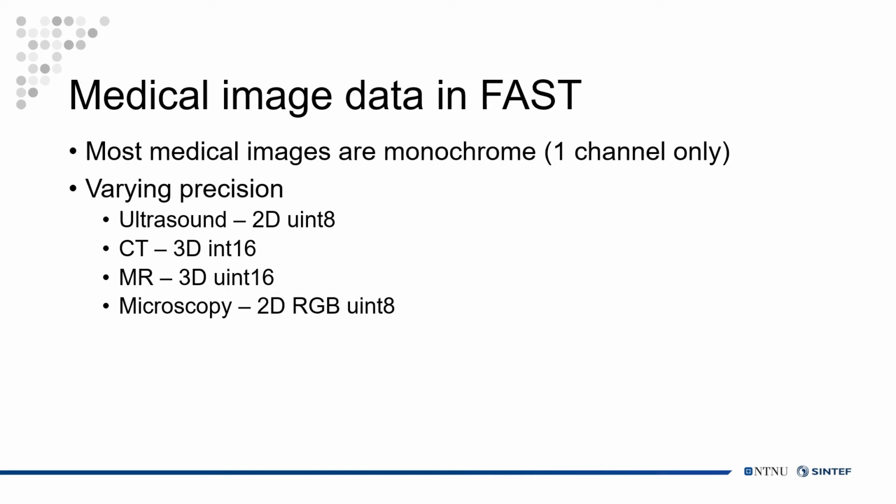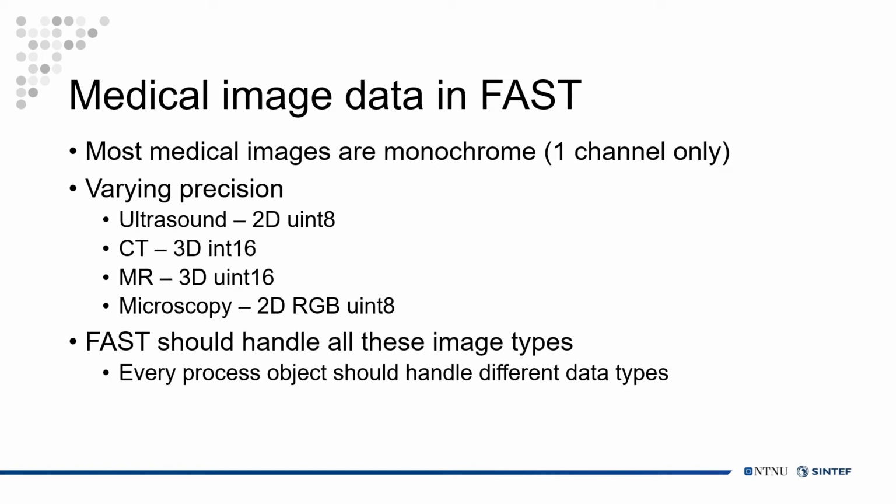Microscopy images, however, are typically color images with RGB channels stored as unsigned 8-bit integers. Thus, FAST needs to handle all these image types with different precision, number of channels, and dimensions.